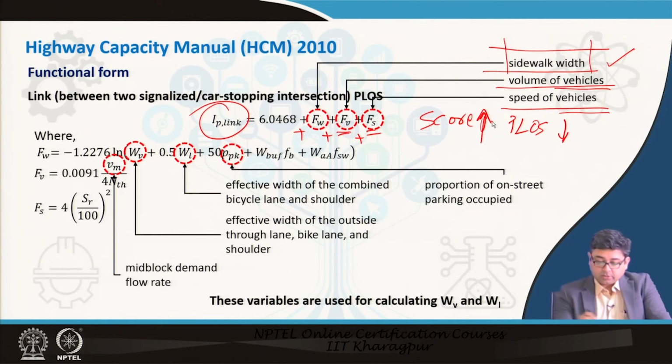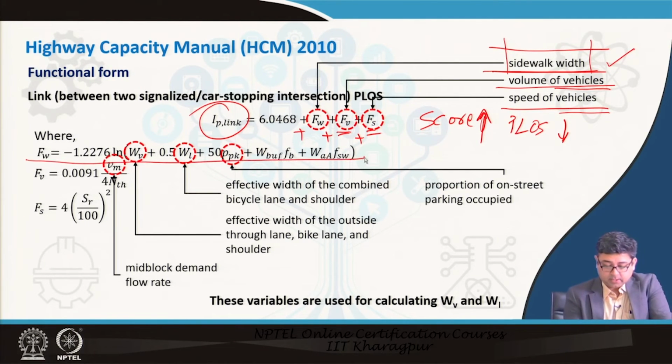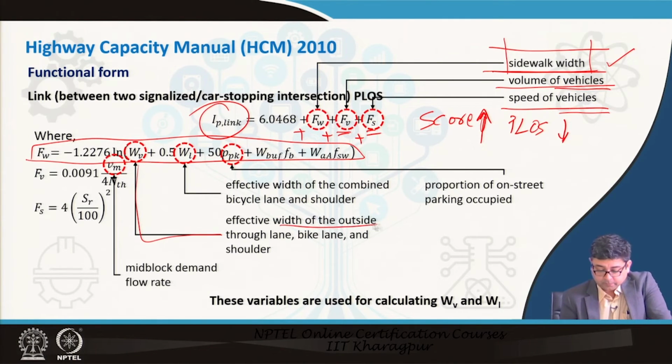So, if you look one by one, if you have to calculate the factor that influences the sidewalk width, this is again given by this quadratic or simple linear equation. You have to know the effective width of the outside through lane, bike lane, and the shoulder.